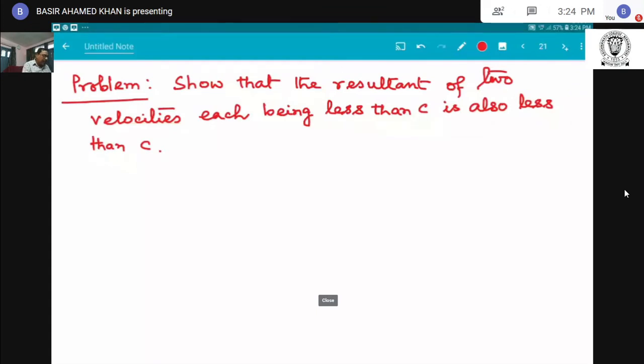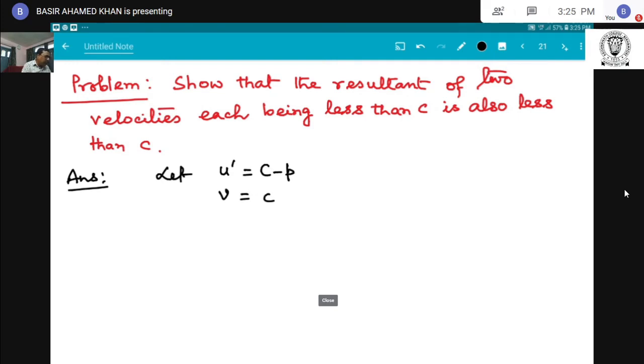Therefore, let velocity u dash equal to c minus p and v equal to c minus q, where p and q are greater than 0.